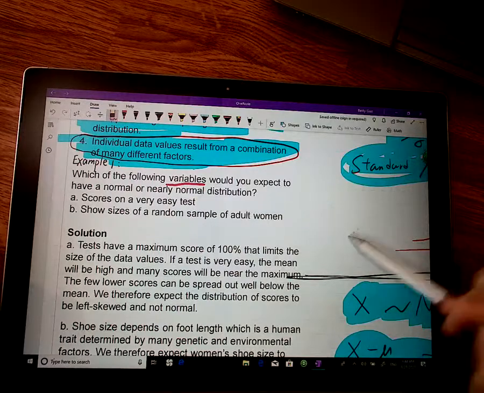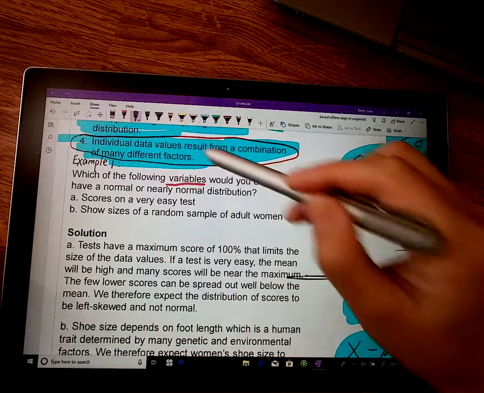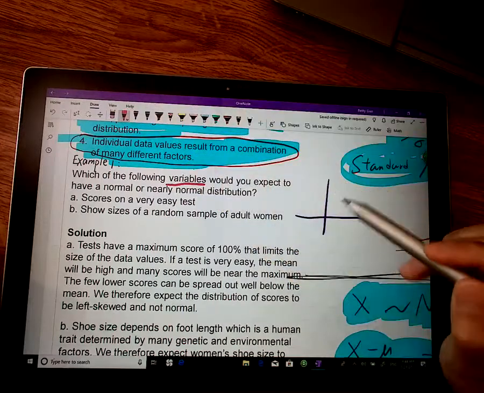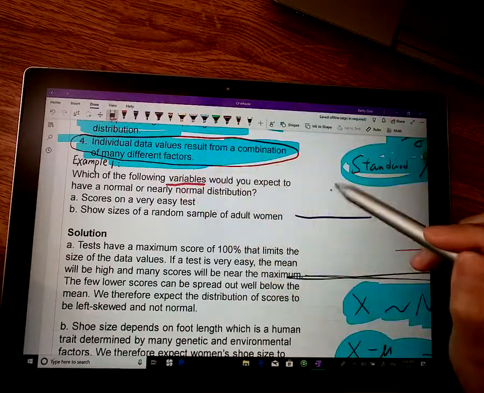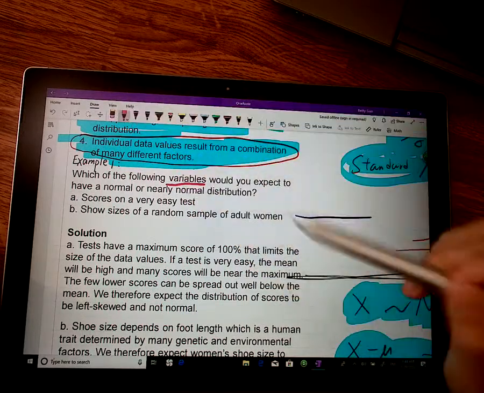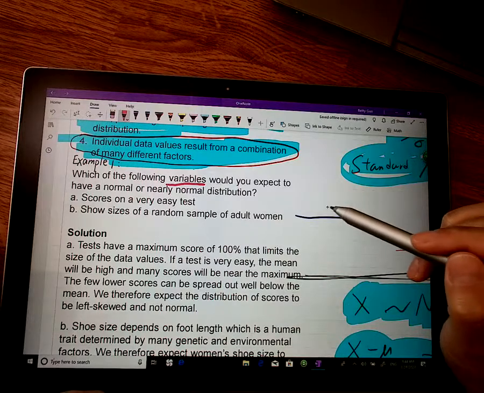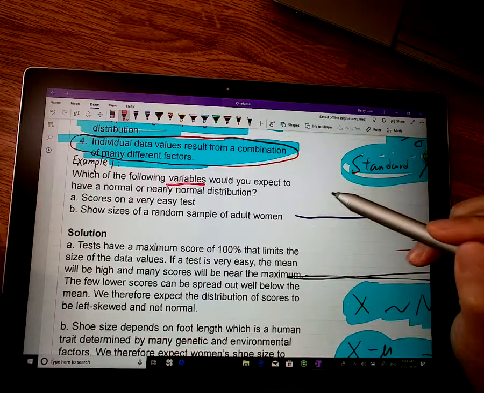Let me draw it. It's an easy test, so I'm not going to write a vertical scale, because the mean is not really 0. The mean might be 80 or 85, right?